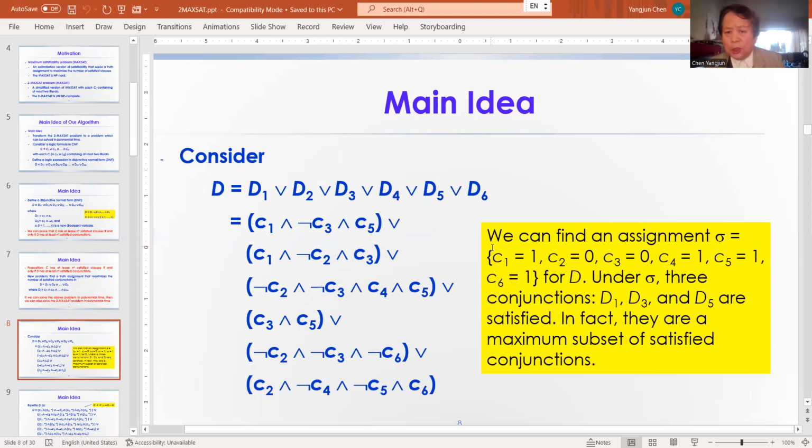If we set C1 equal to 1, C2 equal to 0, C3 equal to 0, C4 equal to 1, C5 equal to 1, and C6 equal to 1, then we have a subset of three conjunctions, D1, D3, and D5, satisfied. In fact, they are a maximum subset of satisfied conjunctions.